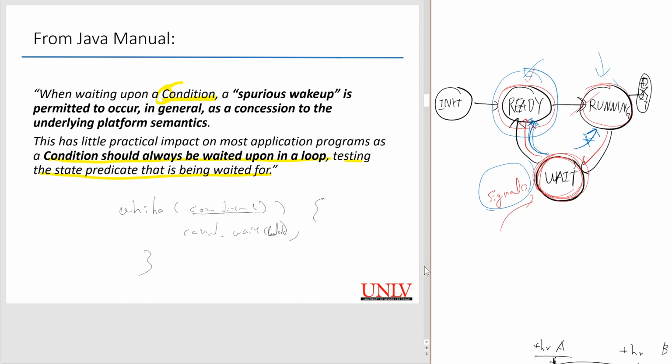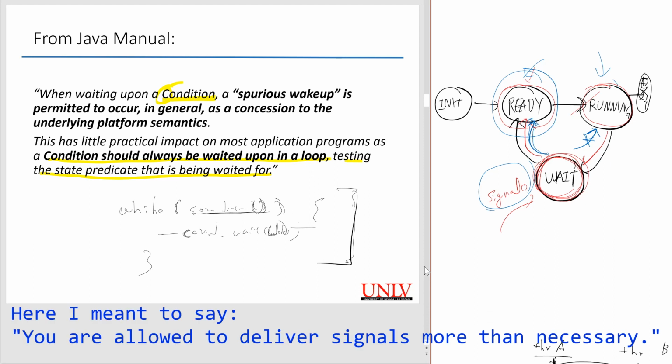So if you write code around this idea where the action of waiting is separated from the testing of the condition of the wait, this is beneficial for maintaining and verifying this kind of concurrent code, because if you separate this condition from waiting and waking up, you can deliver more signals than necessary.